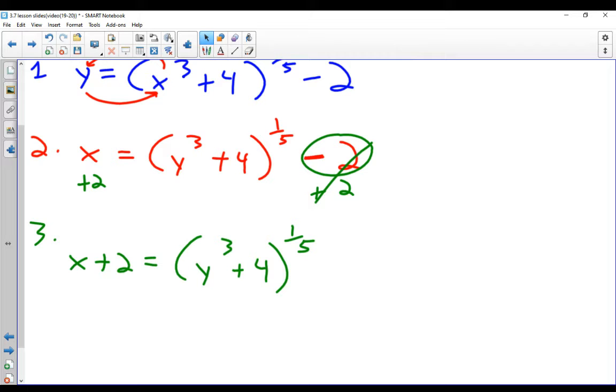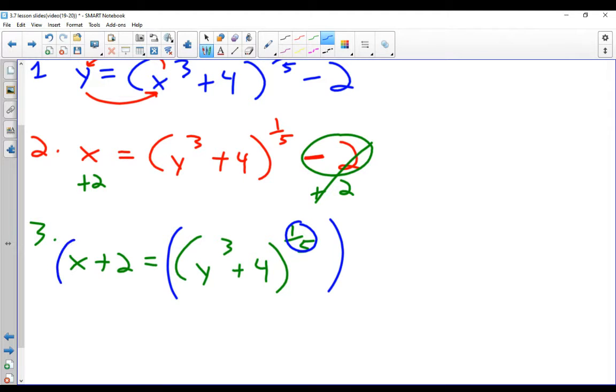So now, the 1/5 is now the farthest thing away from the y cubed. So we're going to take care of that. And what we're going to do, just like we've done before, is take both sides and raise them to the power of the reciprocal, 5/1.